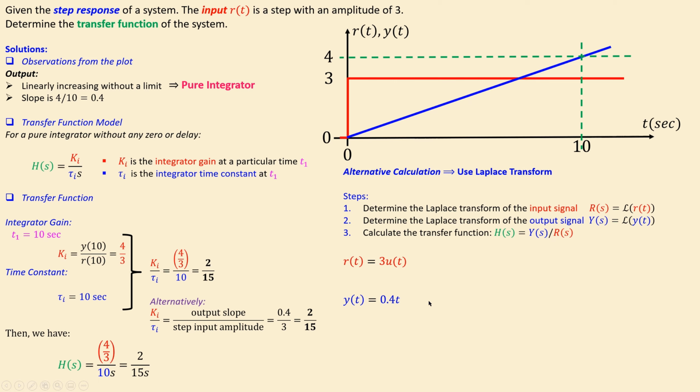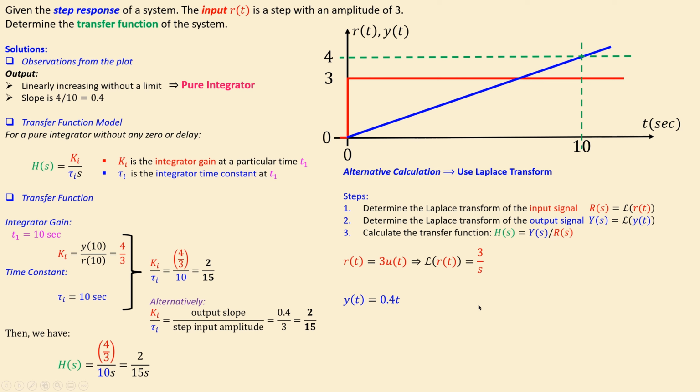What we then do next step is, as we see here also in the steps, we just determine the Laplace transform of the input and also the Laplace transform of the output. So first, the Laplace transform of the input, that will be 3 over s. You can find this from the Laplace transform table, because the Laplace transform of a unit step input is 1 over s, and if you do that 3 times, you will get 3 over s.